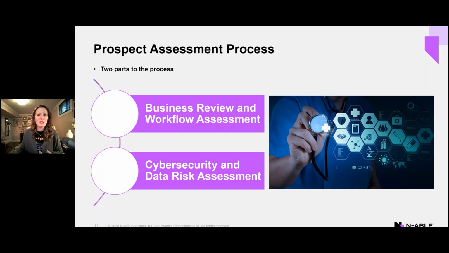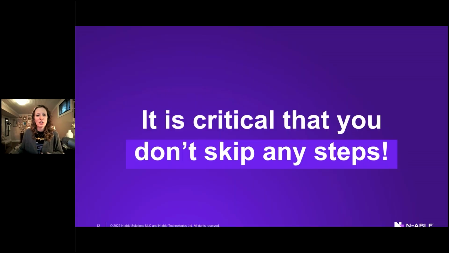We're going to break each of these down into more detail to give you a complete overview of each step. As I said, it's really critical that we don't skip any of these steps. It might be tempting, especially if you come across those impatient buyers who are ready to sign today, fantastic. But I still encourage you to go through this step.